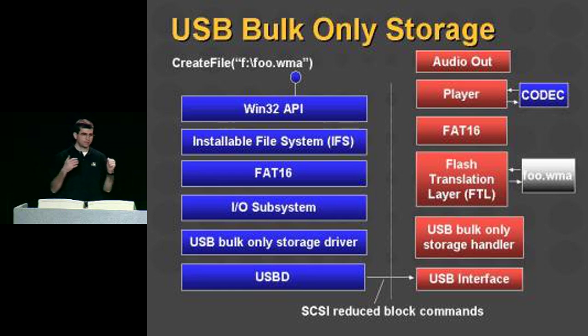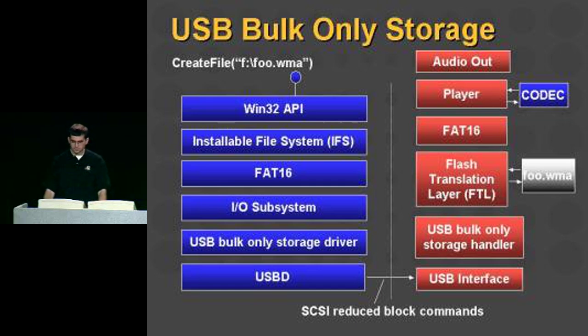Somebody who's implementing a USB drive will implement a function that says read block 57, and it will then read the bytes and send all the bytes back. These block commands don't specify anything about what the file system is. They're just purely low-level read and write blocks.